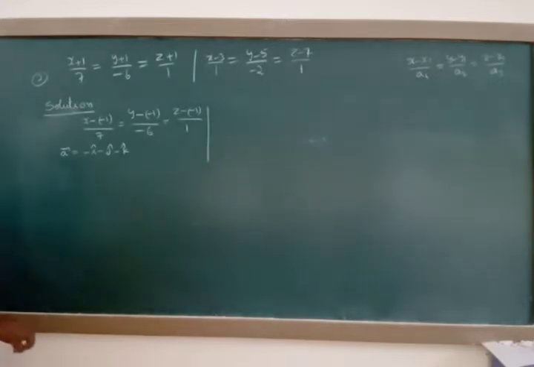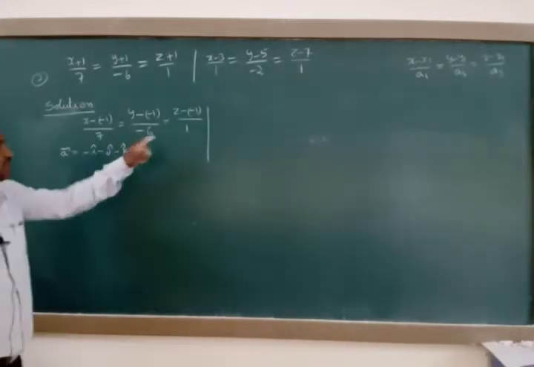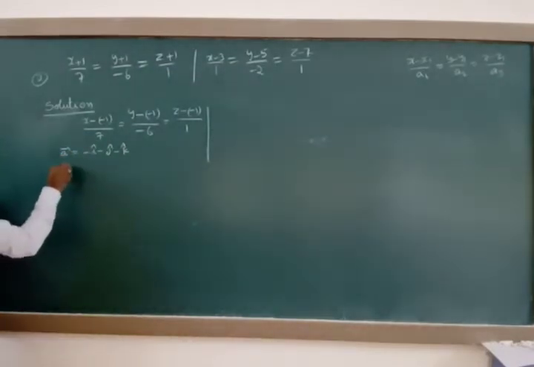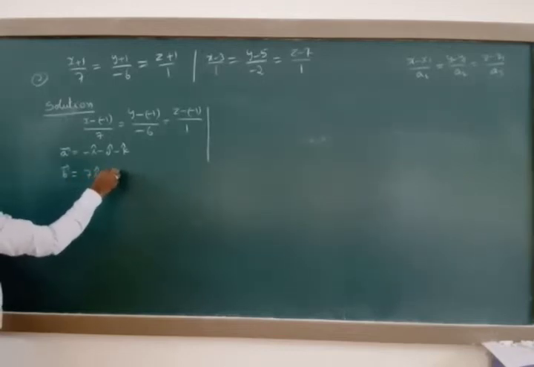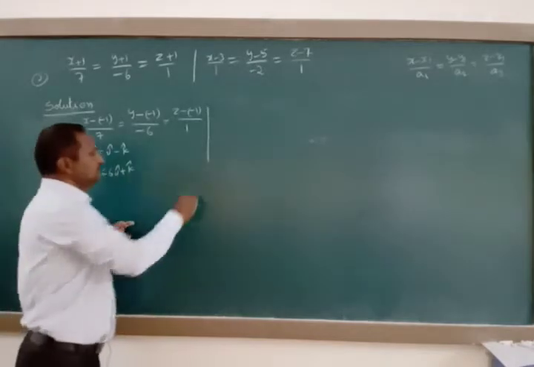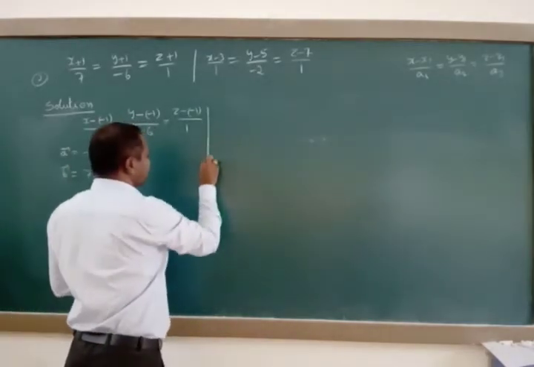Next, with the help of the direction ratios 7, minus 6, 1, you consider the b vector equal to 7 i cap minus 6 j cap plus 1 k cap. Next, another line is here.